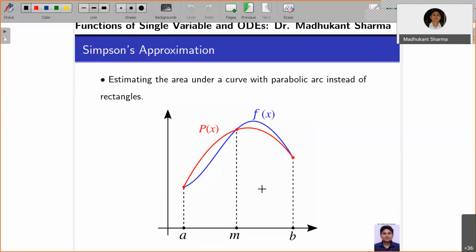Now instead of a straight line, we are going to approximate it by a quadratic curve. So the quadratic curve will be of the form ax square plus bx plus c.